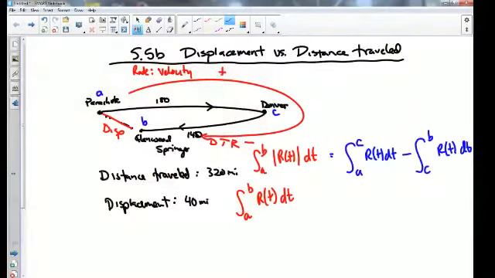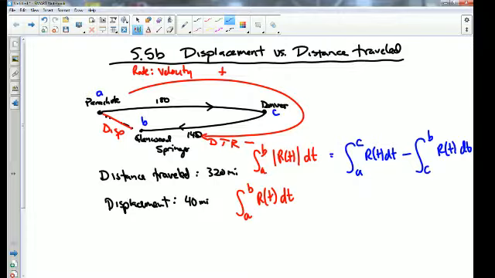Why can't we just add instead of subtracting and evaluate? Because if you add, this gives you a negative value. If you evaluate the r(t) from A to B, instead of subtracting R(B) from R(A), you just add them, you get distance traveled? R(B) plus R(A)? Because you haven't considered where C is.